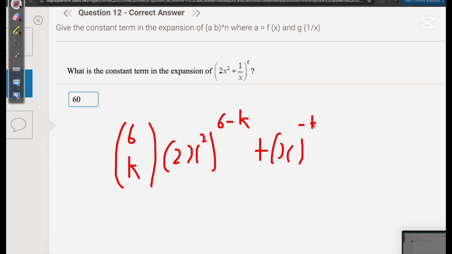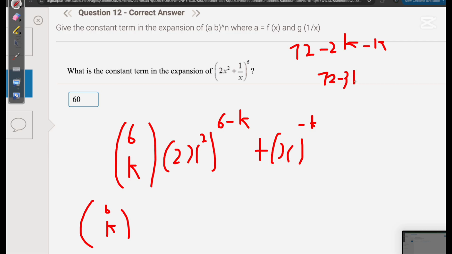And then again we do the like terms, so 6Ck, and then we're gonna do 12 minus 2k minus k, which is 12 minus 3k is equal to 0 because the constant term, the power of x has to be 0. So k is 4.